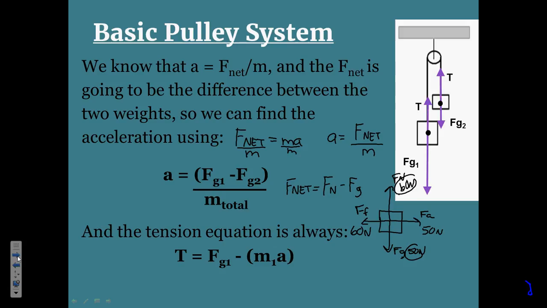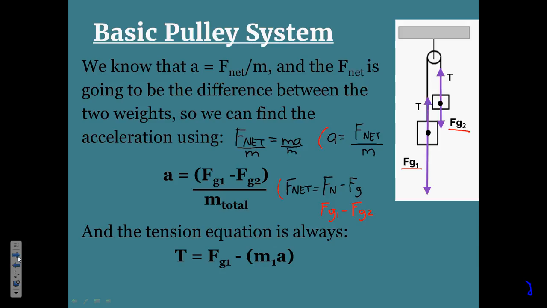So what we end up doing is marrying these two formulas, this one and this one, and we now substitute in F of G1 minus F of G2, because F of G2 will always be smaller.